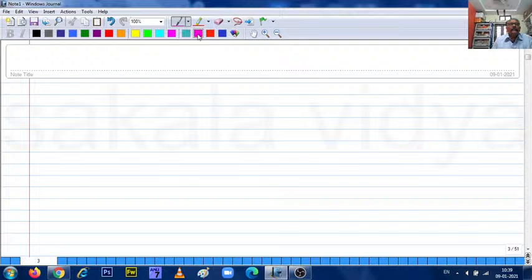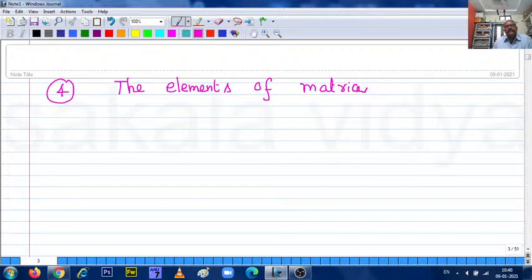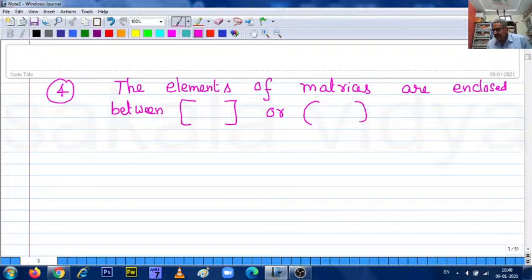Next observation, the fourth observation: the elements of the matrices are enclosed between this kind of brackets, this bracket or this bracket, called parenthesis.